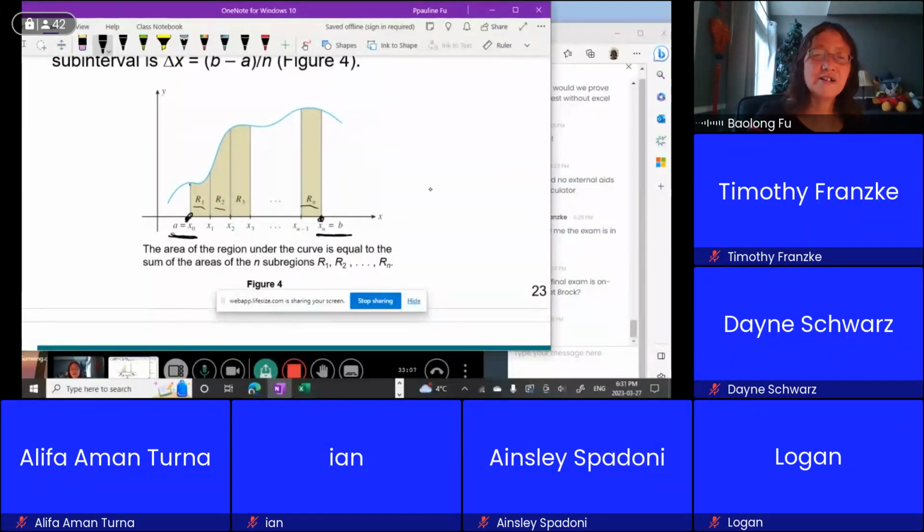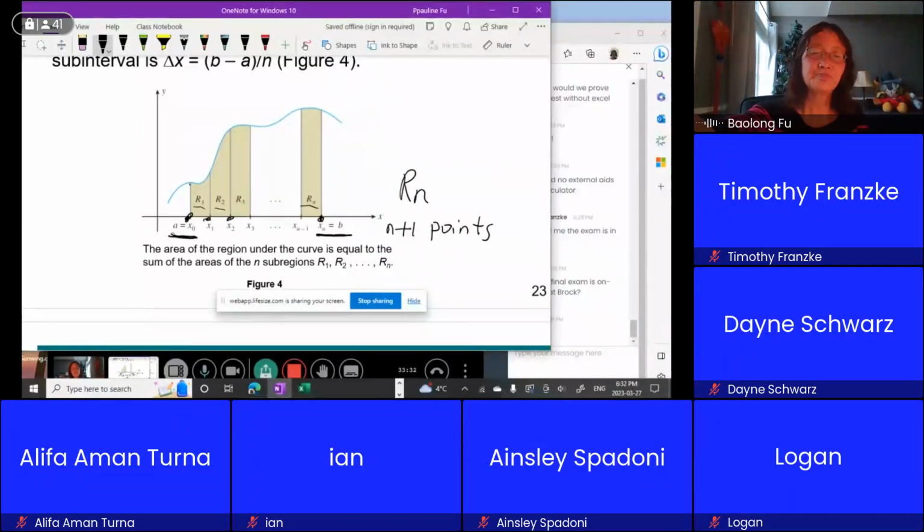There are n subdivisions with n plus 1 points: x0, x1, x2, etc., up to point n. But there are only n subdivisions, so it is R1, R2, up to Rn.